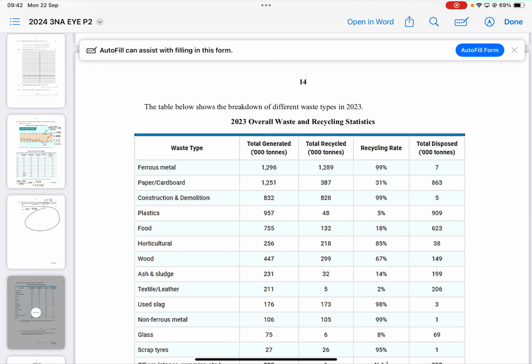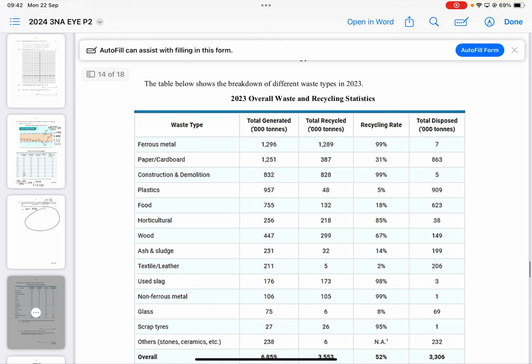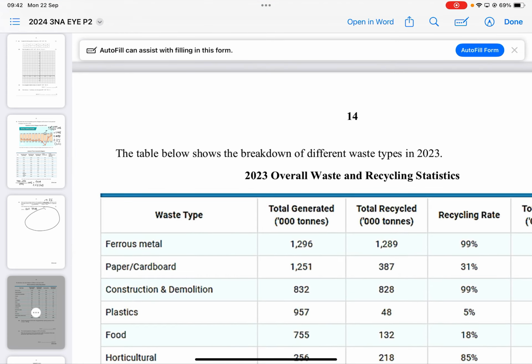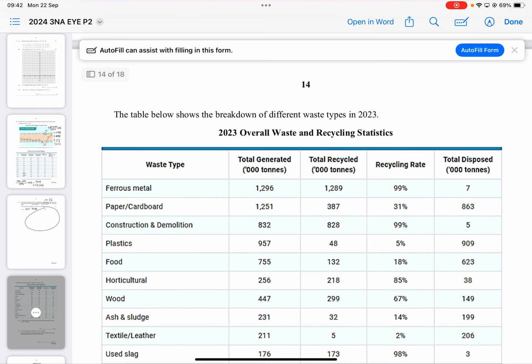Okay, then second part. Another table, this one shows the breakdown of different waste types. Different waste. It can be metal, it can be paper, it can be construction. So there are different types of waste. And this one is all in 2023.